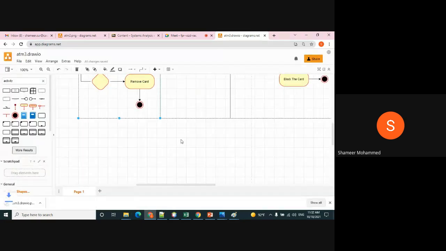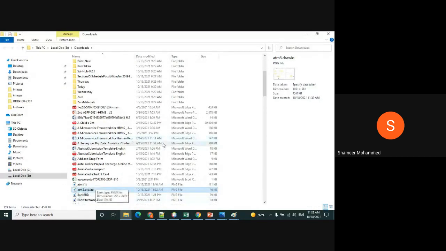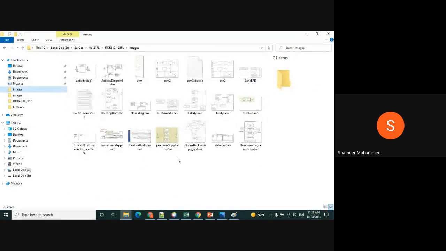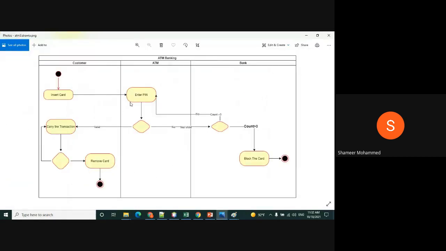Export to my device. This is the ATM3. Put it here. Okay. So when I open, see, this is the diagram.